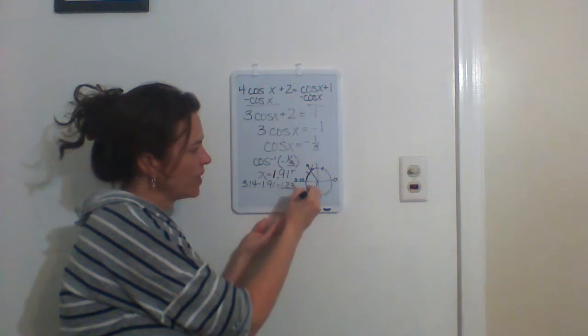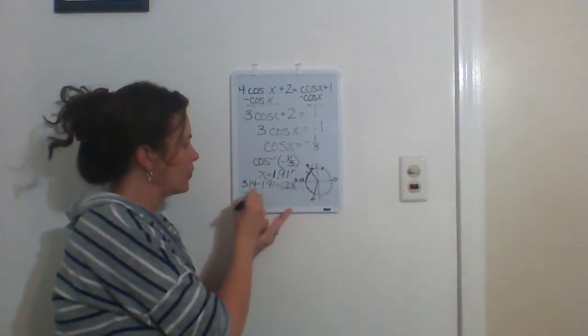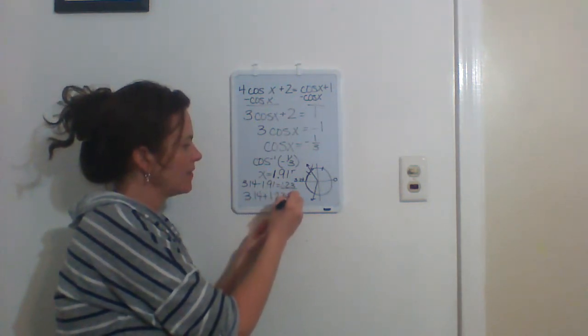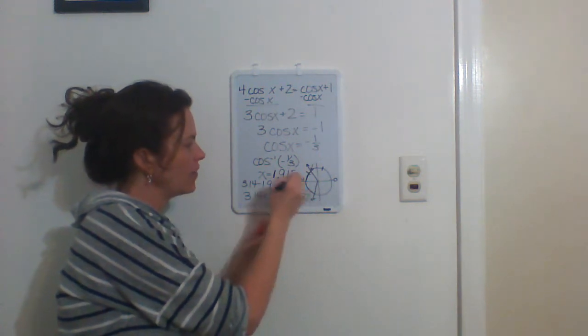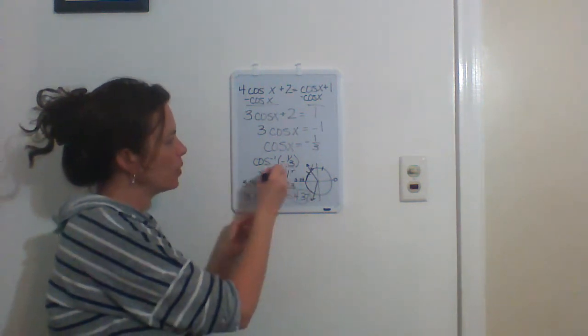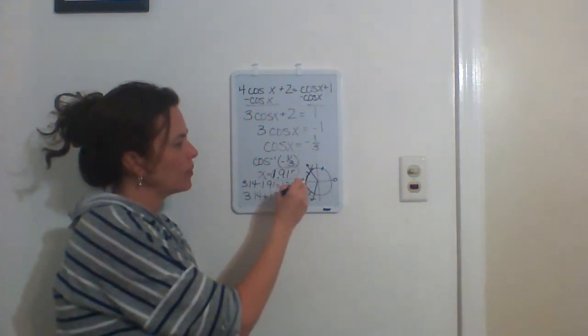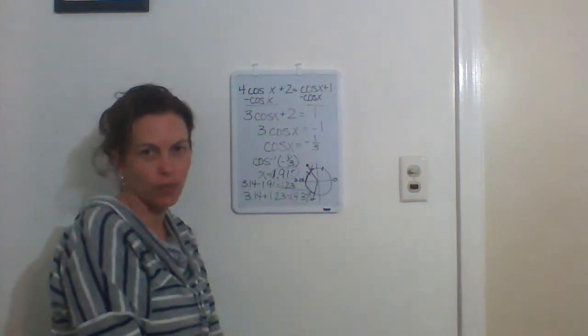So if I were going to find what this one is down here, remember from here we add 3.14 plus 1.23, and that gives us 4.37 would be our other value. So our two values would be 1.91 radian and 4.37. So remember, when we were going up, we subtracted, down we added to 3.14.